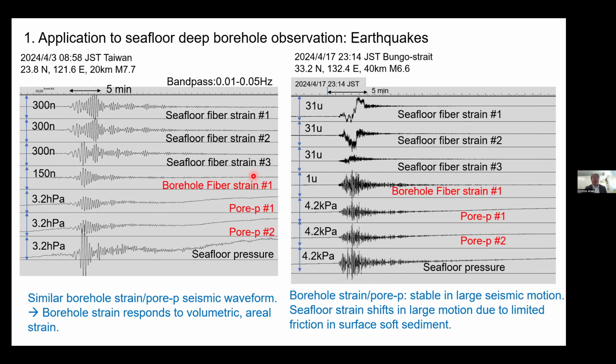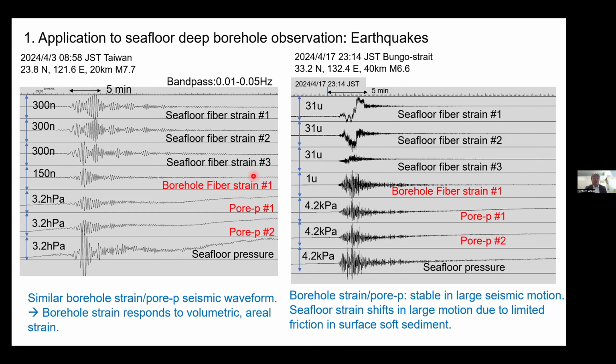On the left is a record from the large earthquake in Taiwan on April 3rd of last year. You can clearly see the surface waves dynamically straining both the seafloor and the borehole. The responses indicate that the borehole fiber is observing area strain in the deep seafloor.